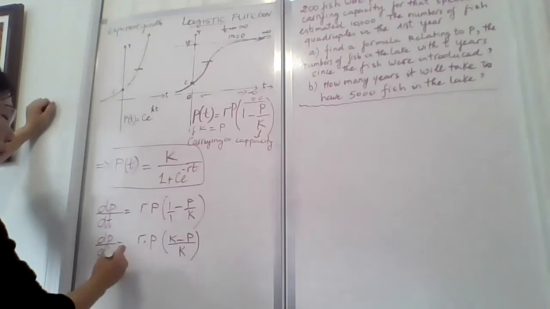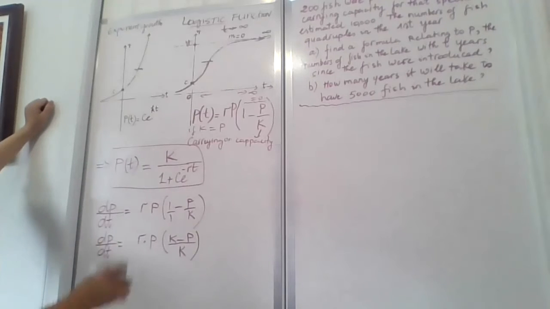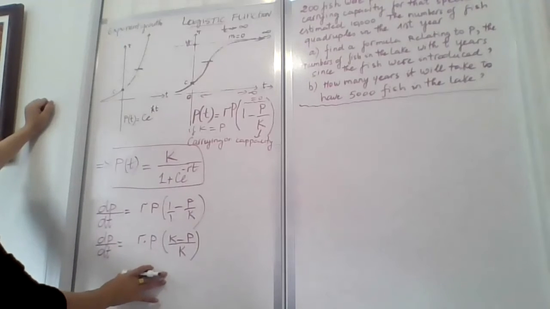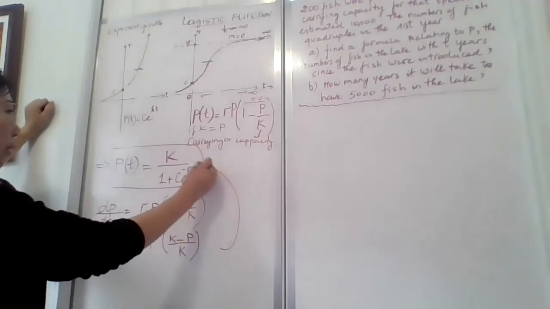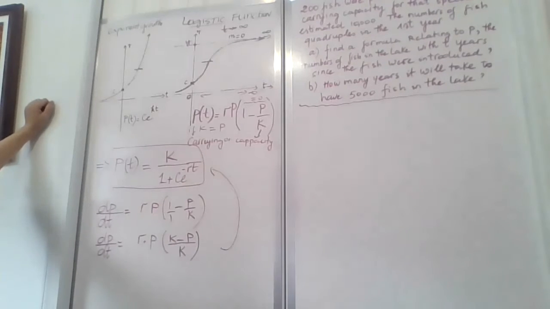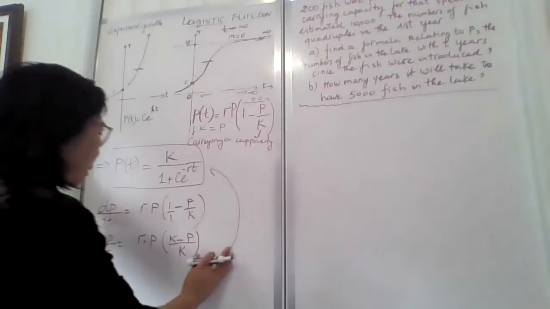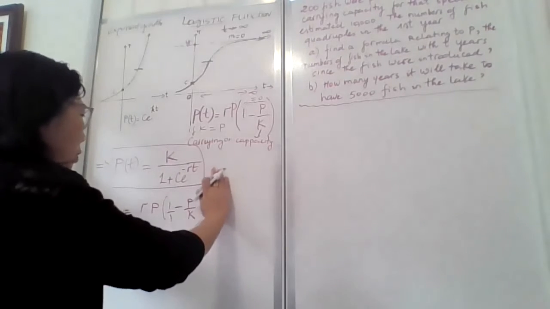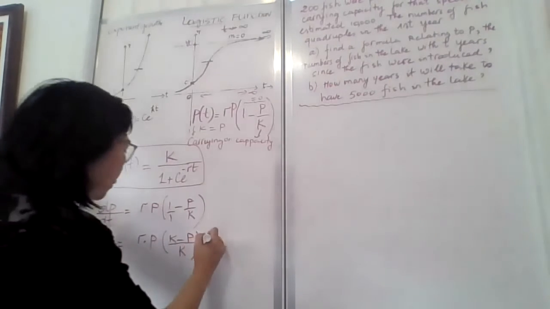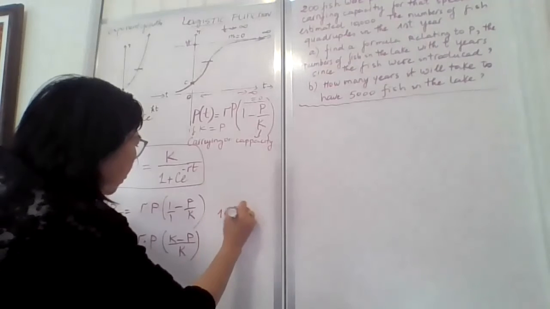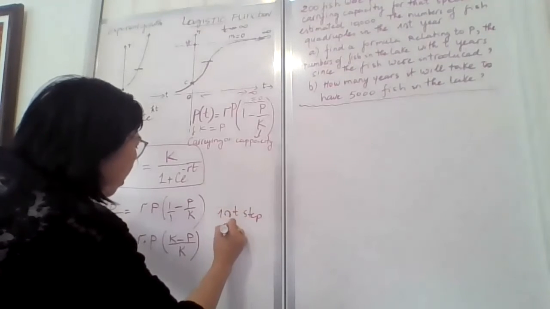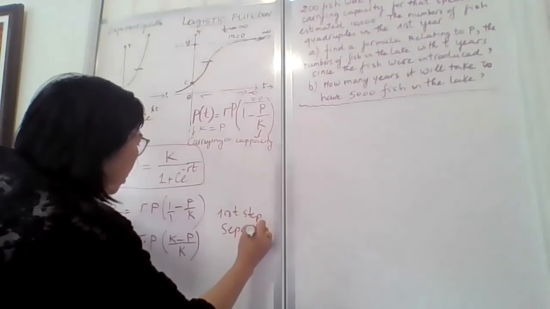So this is the differential equation. If we solve this differential equation, eventually we'll get up to here. Okay, so how do we solve that? Remember, I told you the way we solve a differential equation, first step, separate the variables.